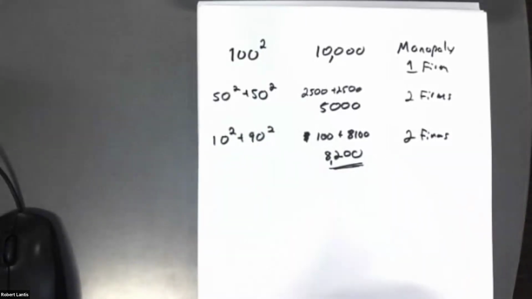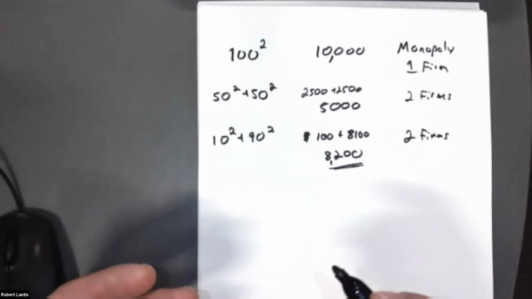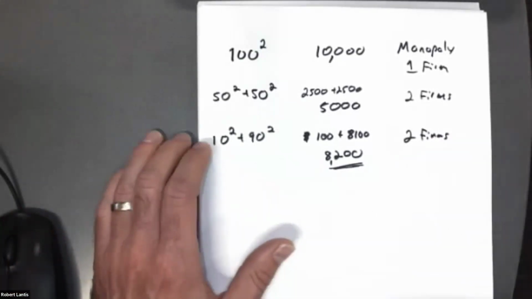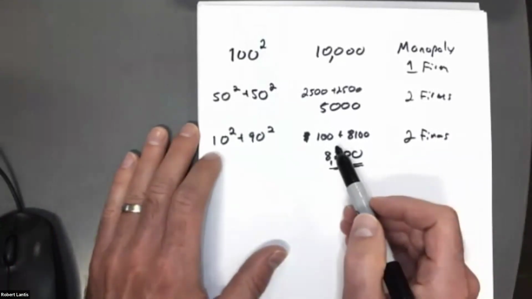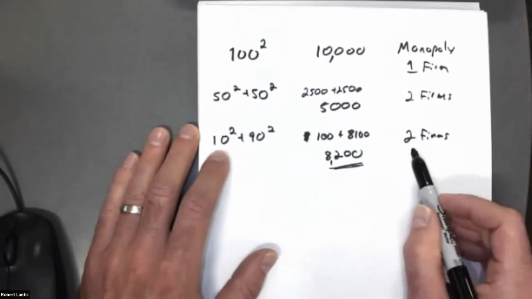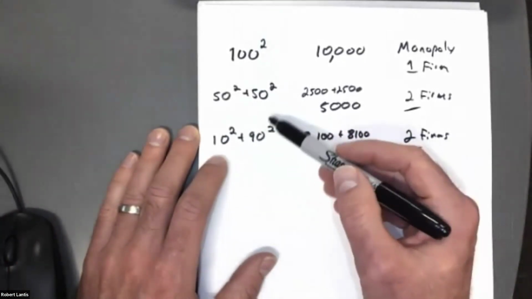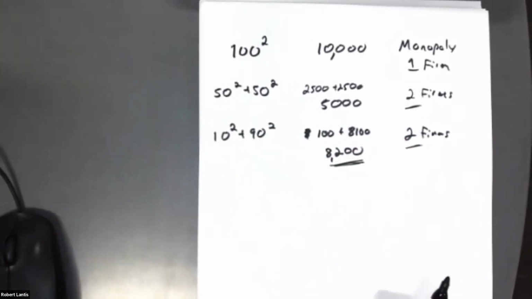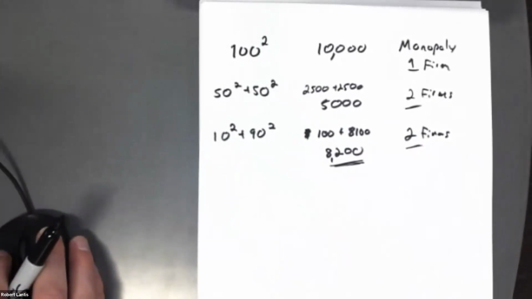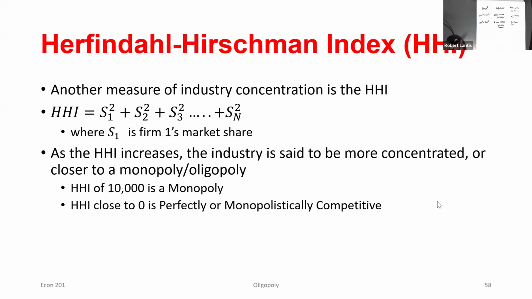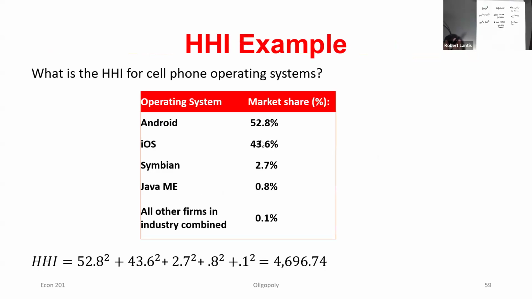Like if 1 squared is 1, 2 squared is 4, and then 3 squared is 9. So squaring it makes that number that's getting added into that HHI much, much larger. So here I can even differentiate between markets that have the same number of firms, but a more uneven distribution of the market share. Okay. So that's going to be our main advantage of that HHI, is we can really differentiate between any type of market, even if it has the same number of firms, but a different breakdown of market share.